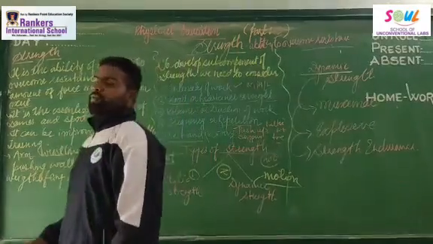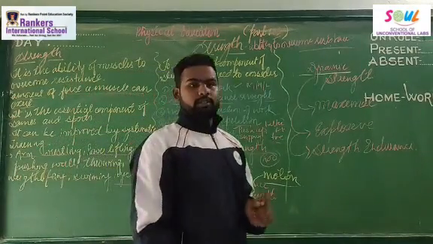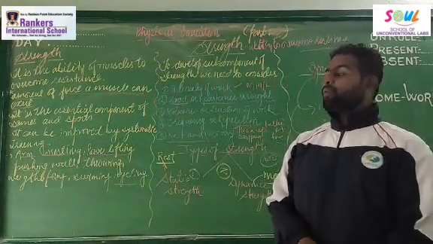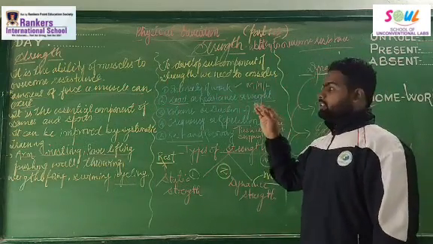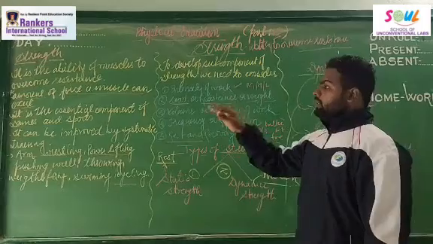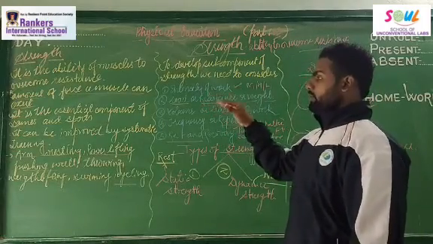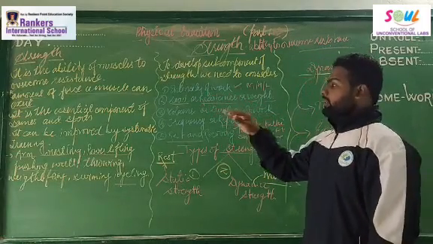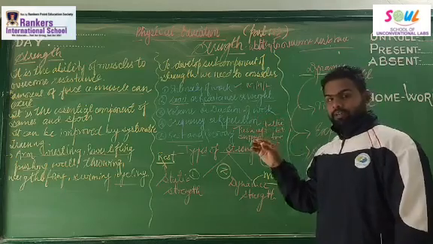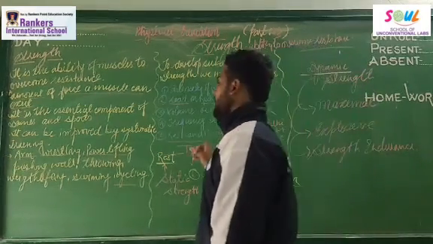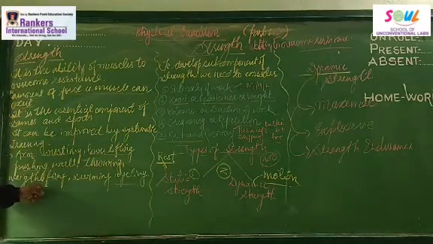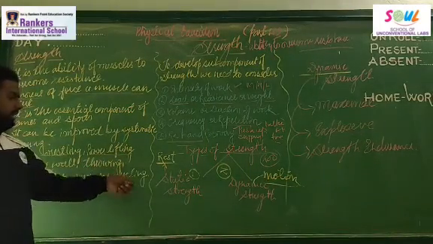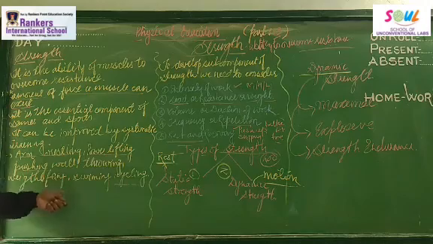Strength is the ability of our muscle to overcome resistance. It is the amount of force exerted by the muscles while doing some activity. It is an essential component of games and sports, right? It can be improved by systematic training. Arm wrestling, powerlifting, pushing the wall, throwing, weightlifting, swimming, cycling. These are some examples of strength.